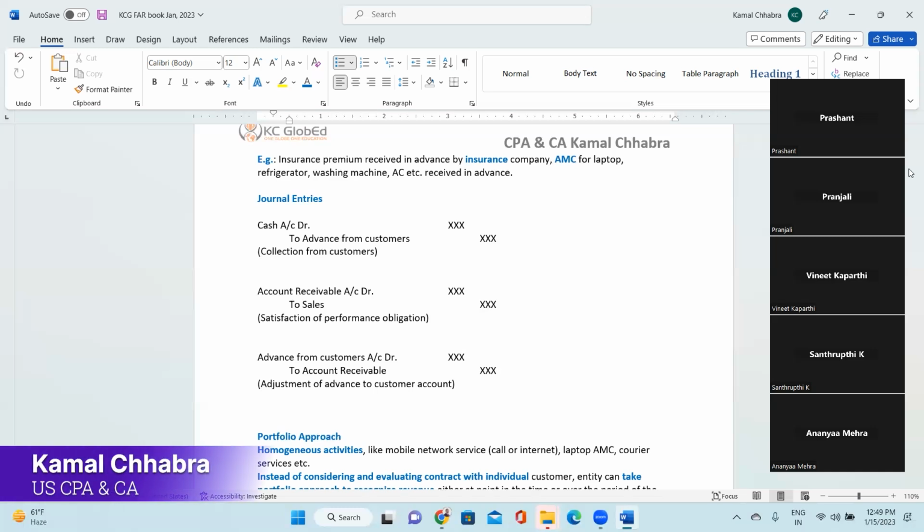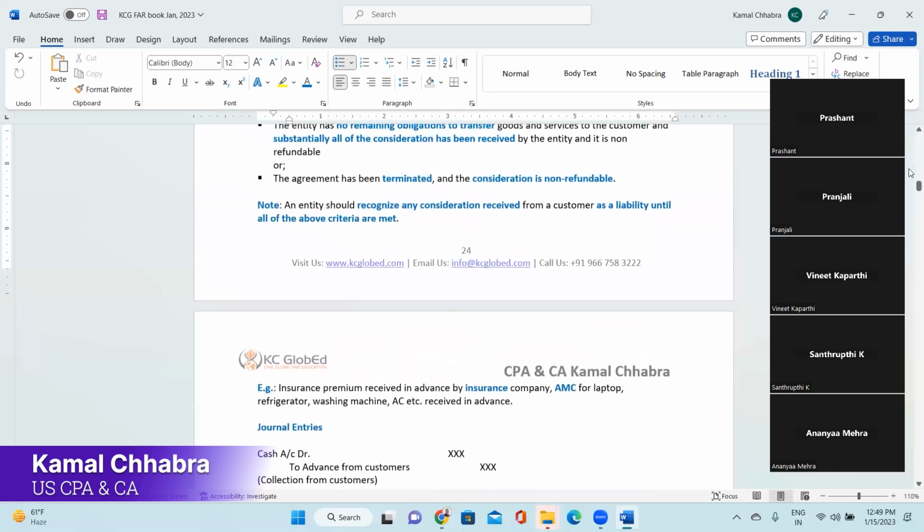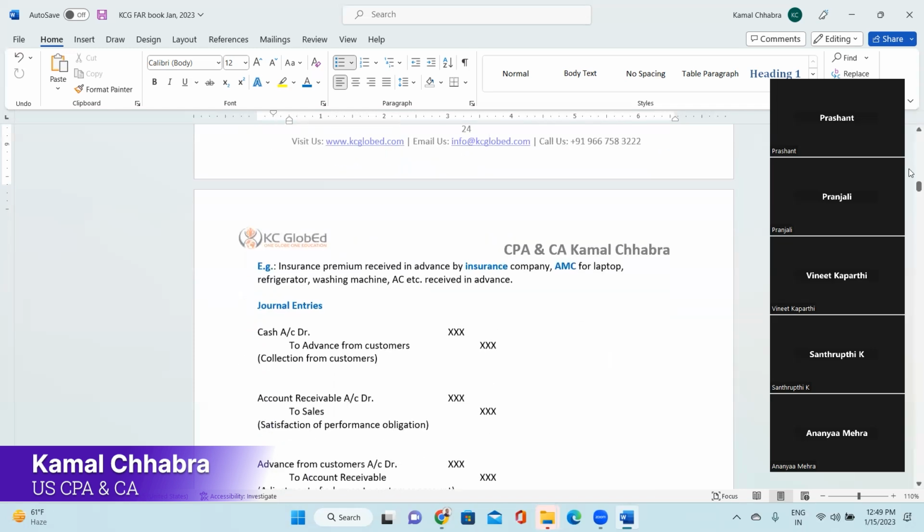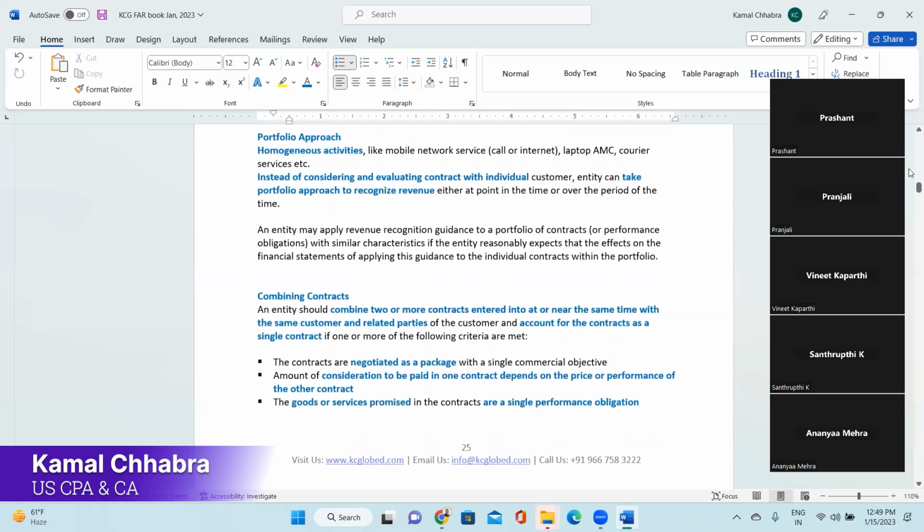Make sense? Yes, sir. So this is how you need to recognize the revenue when you start providing the services. But until you start providing the services, the money you have received is a current liability, that is advance from customer or unearned revenue. Make sense?